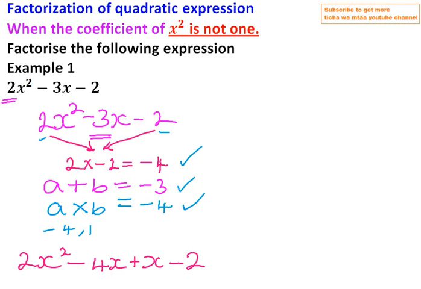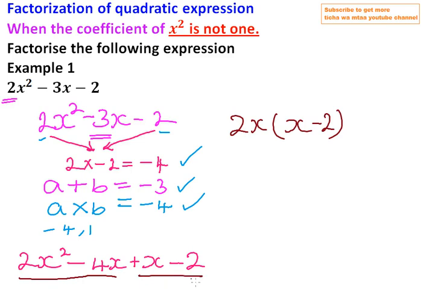From there, we factor out what is common. In 2x squared and minus 4x, 2x is common, so we'll be left with x minus 2.